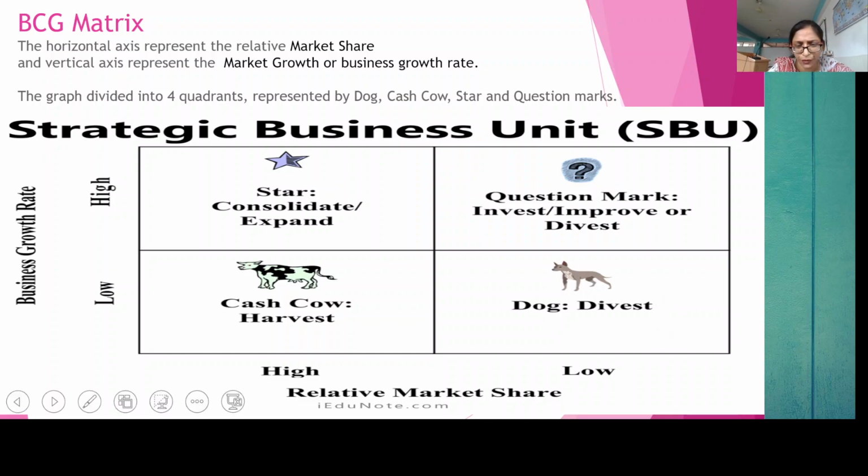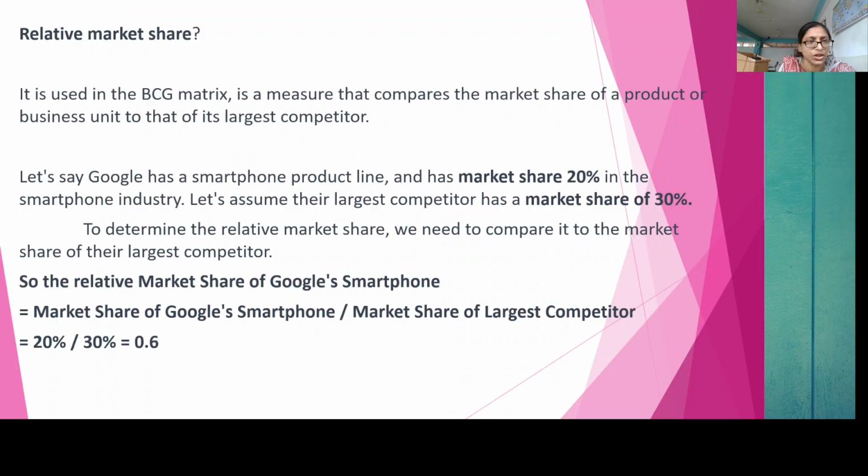relative market share. If we want to know more detail about it, it is the measure that compares the market share of a product or business unit to that of its largest competitor.